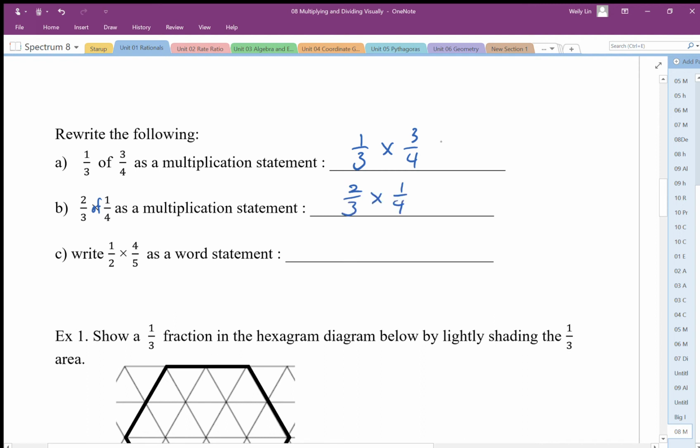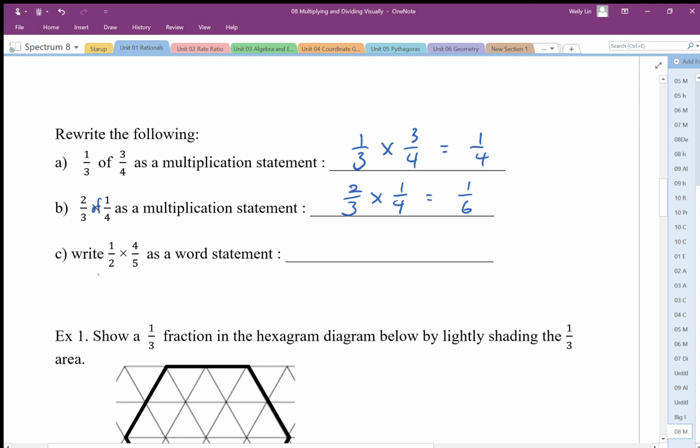We can do this multiplication using top times top, bottom times bottom, and we have the answer of 1/4, which we got before. 2/3 of 1/4 is 2/3 times 1/4, and this one would work out to be 2 out of 12, which reduces to 1 out of 6.